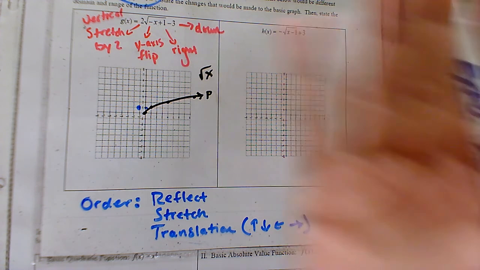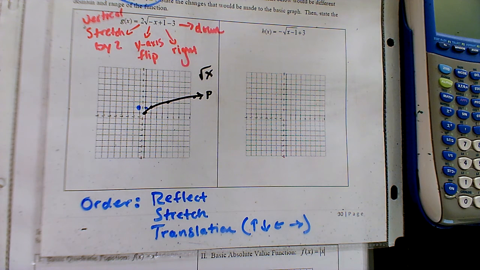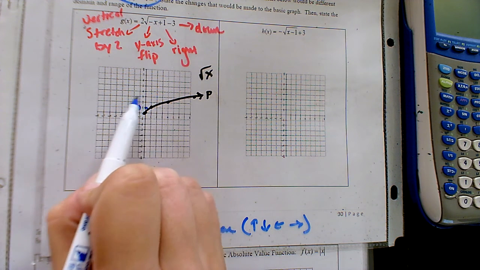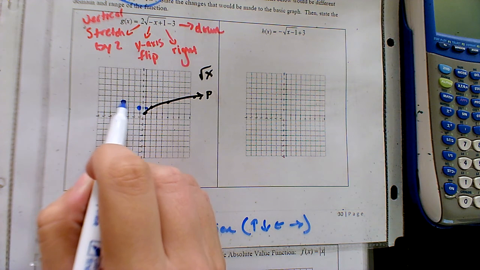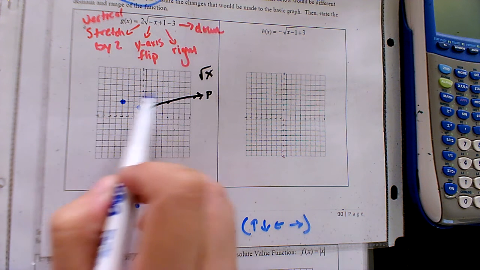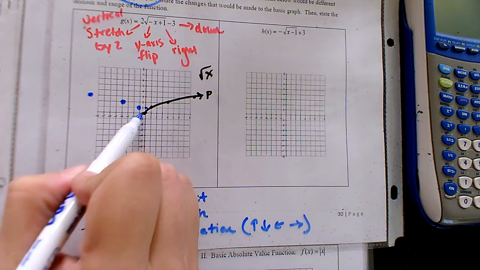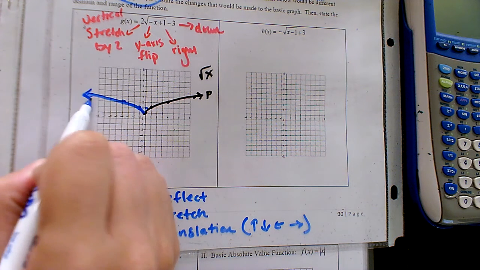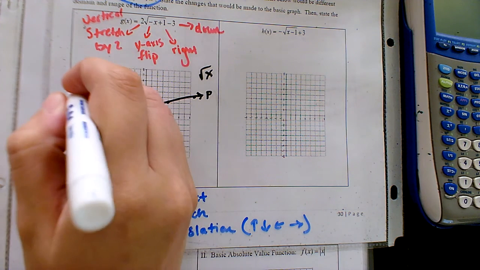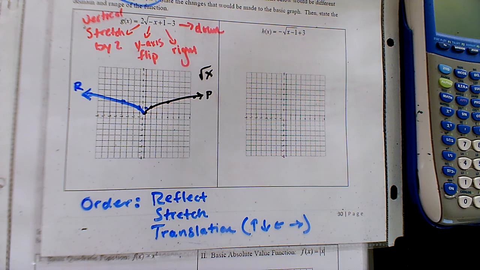So I want you to imagine taking that black graph, folding it over the y-axis, and the y-axis is where you would make the crease of that fold. So if we do the other points, this point, if we fold it over, would land here. And this point, if we fold it over, would land over here. I want you to label that graph R for reflection.